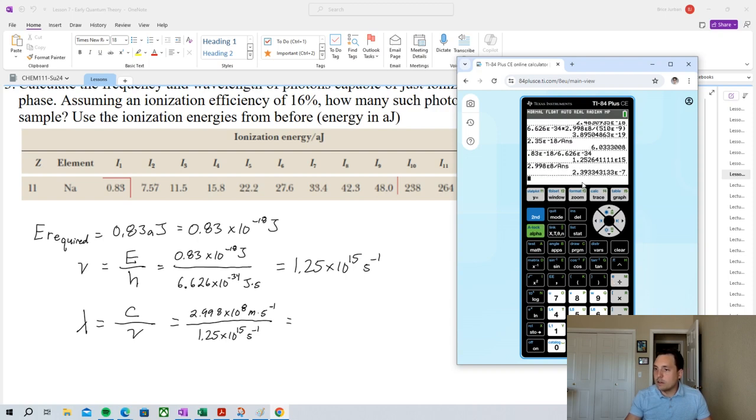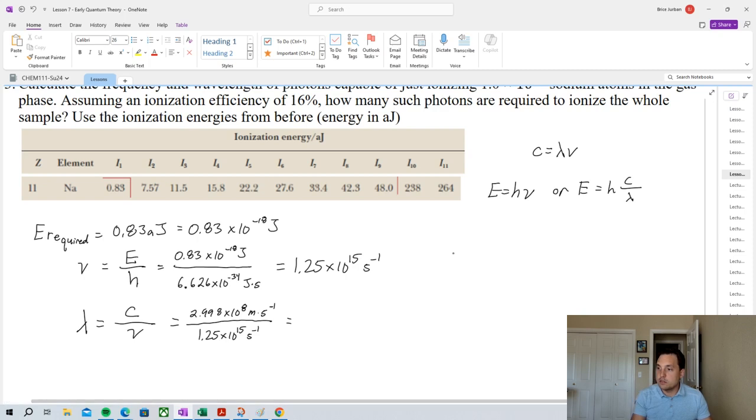And we find that the wavelength here is 2.39 times 10 to the negative 7 meters. If I want to convert that to nanometers, we can multiply it by 10 to the 9th to get that the wavelength of this light is 239 nanometers.